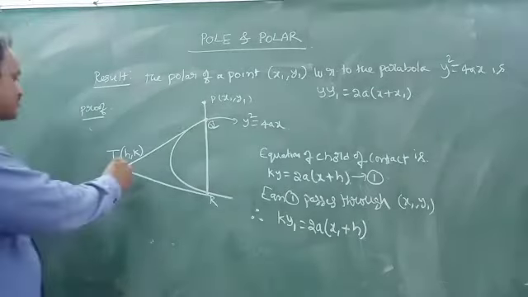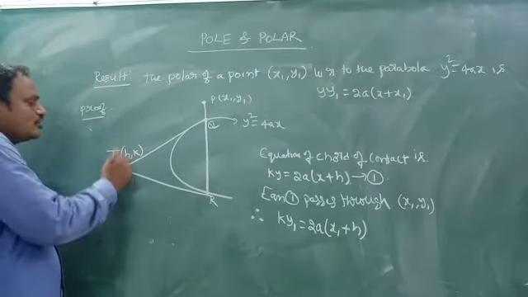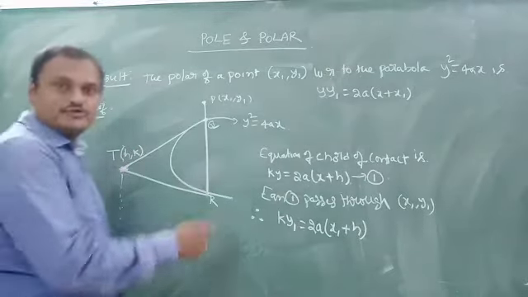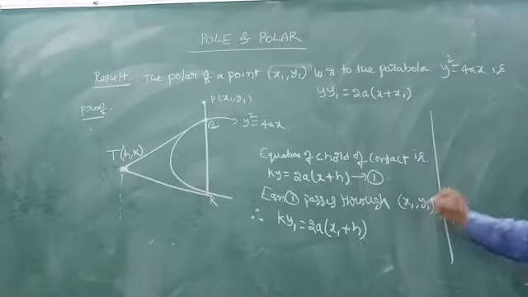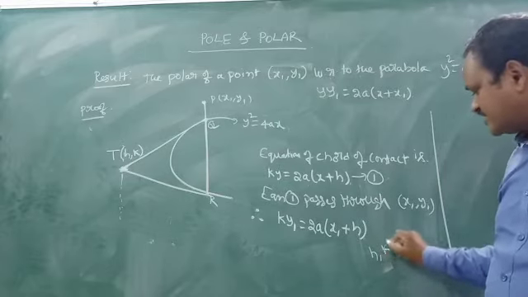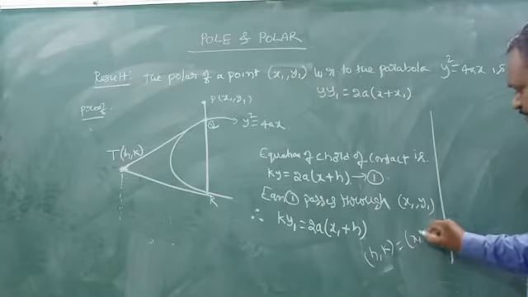Now h comma k is the locus of the point. Locus of the point means you are going to get many points like this. Therefore we are going to take the general point now here. To get the general point, we are going to replace h comma k by x comma y.